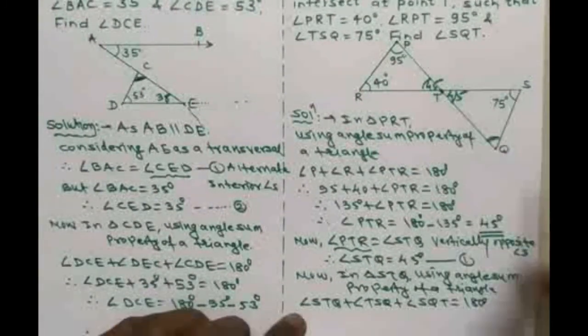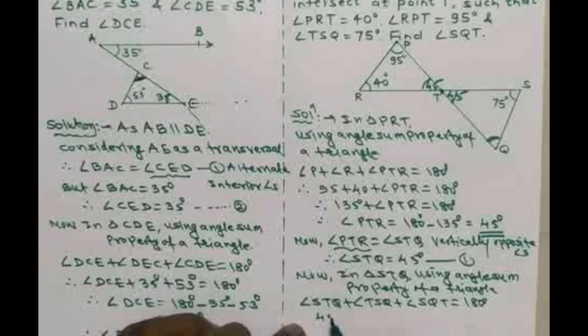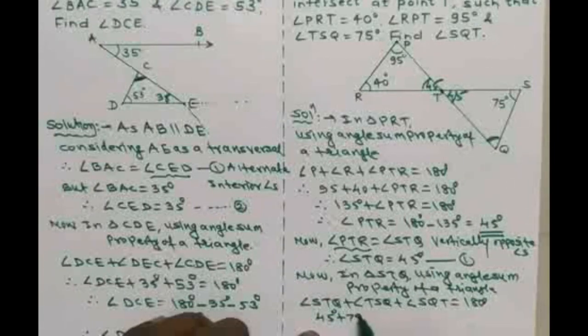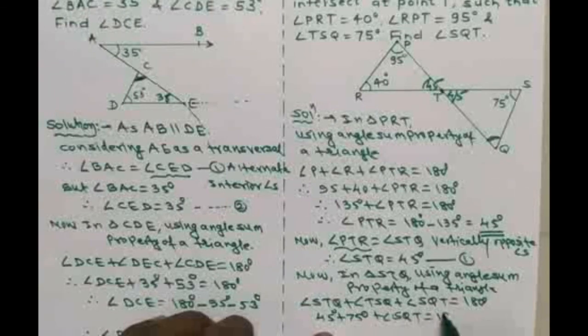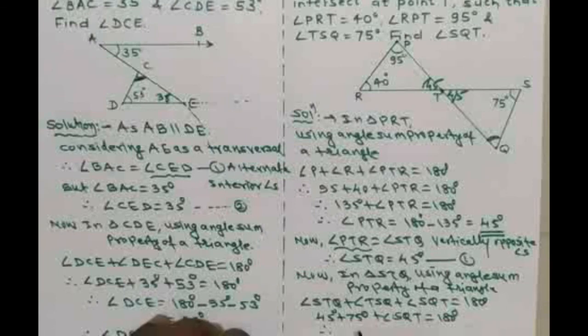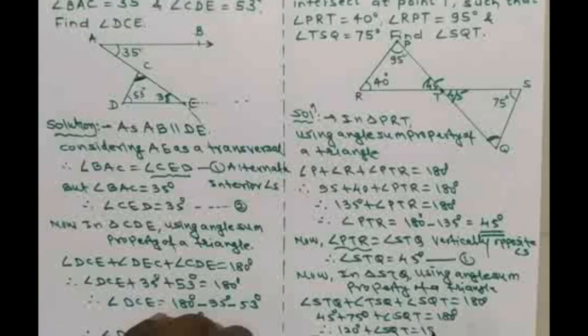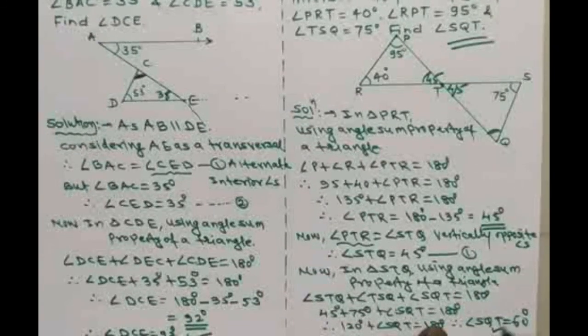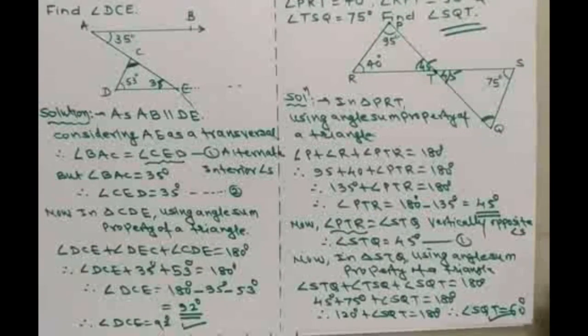Now STQ is 45 degree plus TSQ is 75 degree plus angle SQT equals 180 degree. Therefore 75 plus 45 is 120 degree plus angle SQT equals 180 degree. Therefore angle SQT equals 180 minus 120, that is 60 degree. So this is the answer. Okay student.